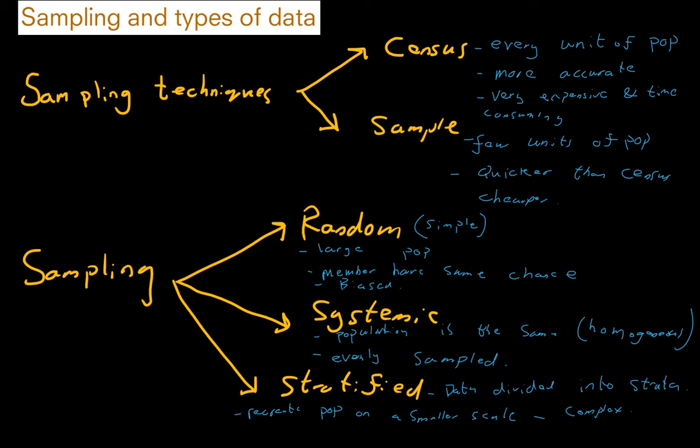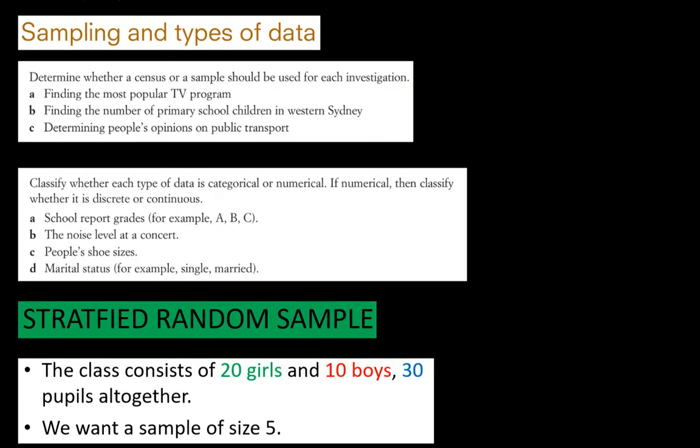So we ask a fifth of our people in our sample what they think to give the value for the 20 to 30 group. It's quite complicated, and bias does occur in stratified random sampling. The larger the sample, the less the bias. Okay, so let's have a look at some questions.